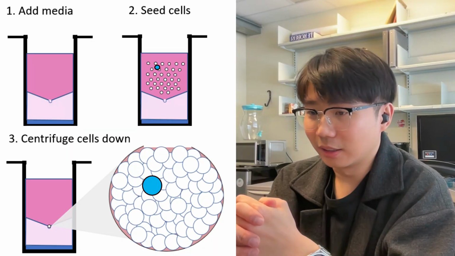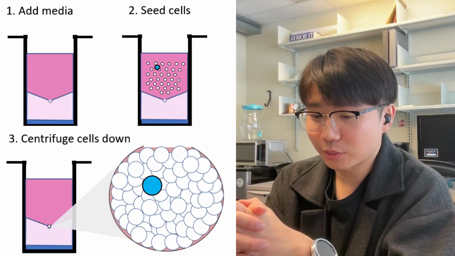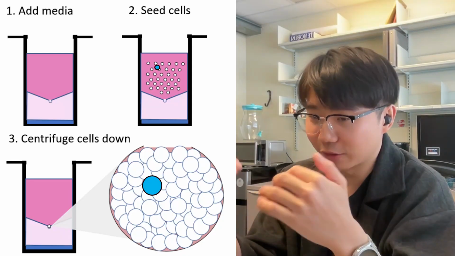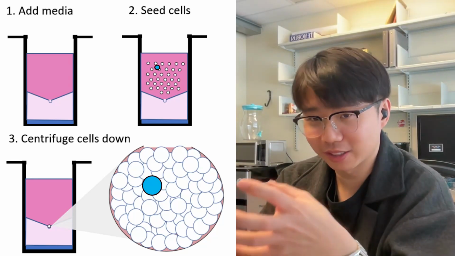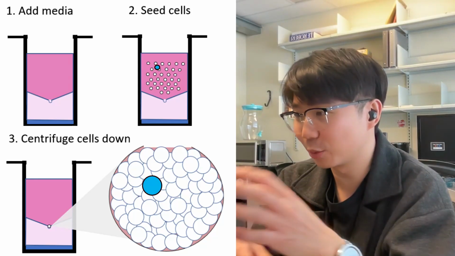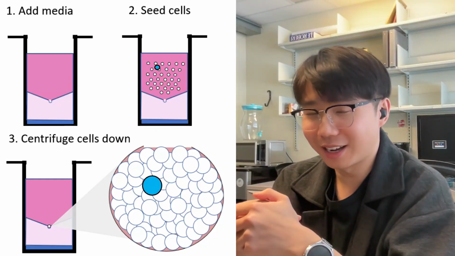I think I showed a schematic of one of my undergrad projects where I was thinking of using a funnel to centrifuge all the cells together with whatever you want to add. But then I didn't need to do that.